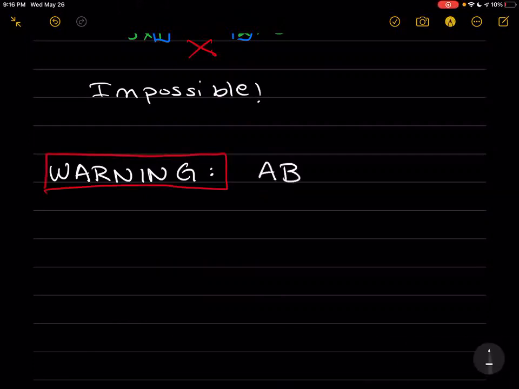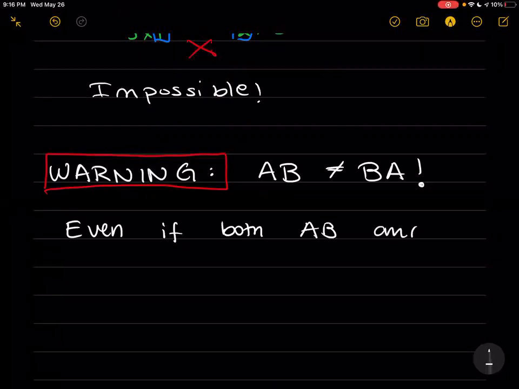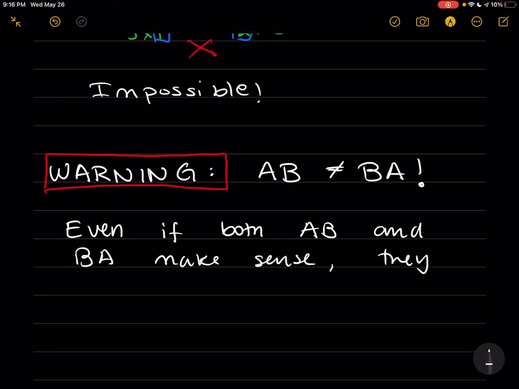A times B is not the same thing as B times A. So even if both A times B and B times A make sense, so if the dimensions match up, they aren't necessarily equal. Right? Matrix multiplication is not commutative.